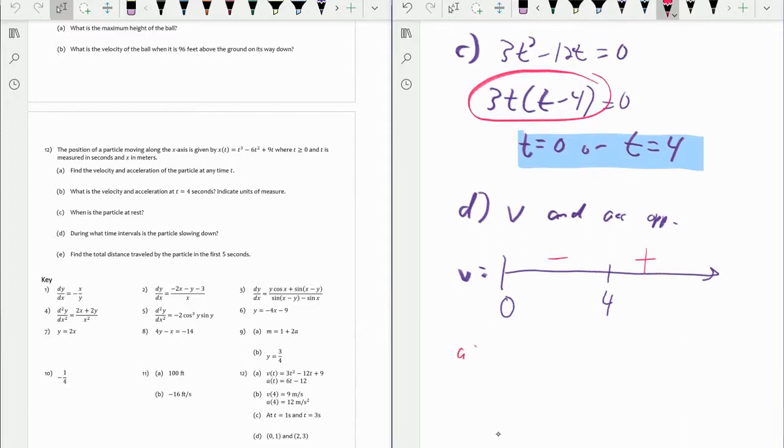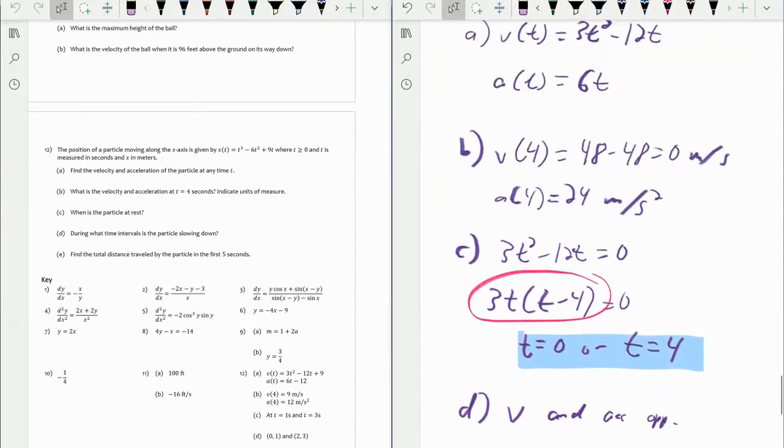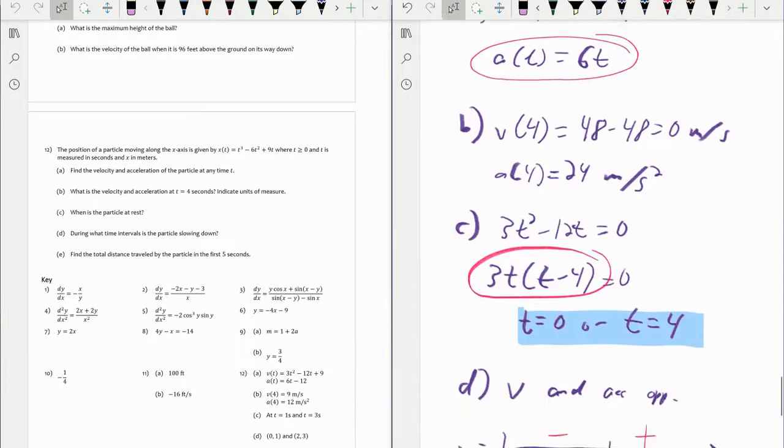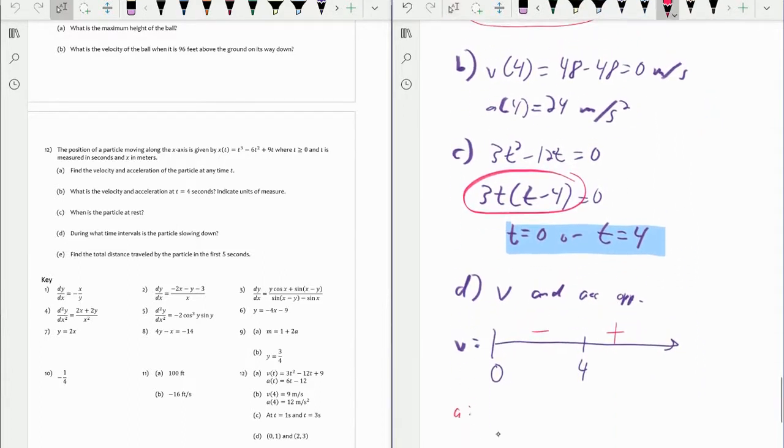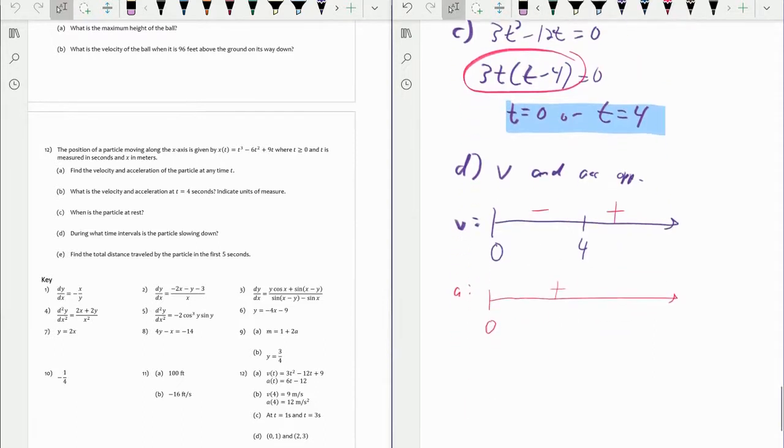Then if I check acceleration and look at that function, so we go back up, the only root of acceleration is 0. So if I just check between 0, acceleration should always be positive. I should move that up here. So where are velocity and acceleration acting in opposite directions? Looks like within this region here.